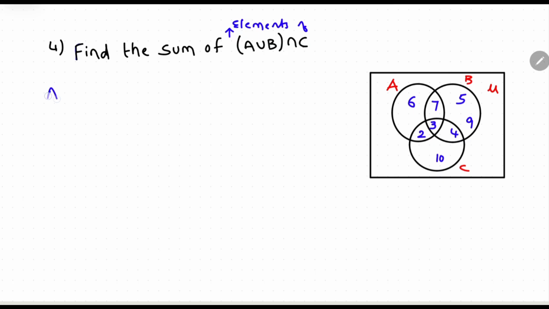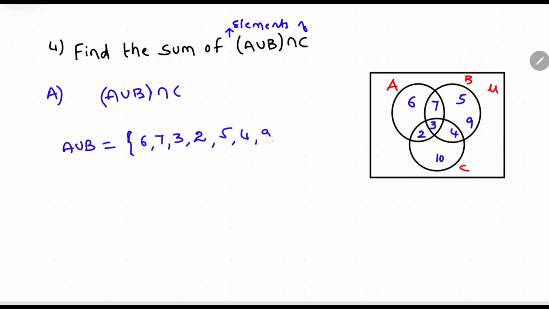So in the problem, we are having the Venn diagram. Set A, set B, set C. So we have to find the sum of the elements of A union B intersection C. So first we have to find A union B. So A union B means we have to write every element of A and B. So 6, 7, 3, 2, 5, 4, 9.